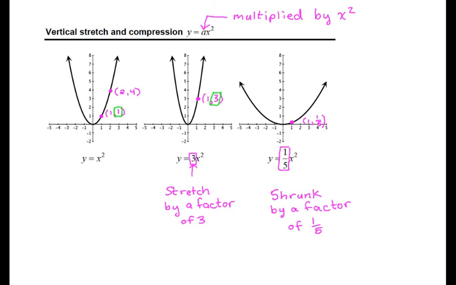And where we had the point 2, 4 on our original, we would have 2, 4/5. So again, I'm multiplying my y value by that shrink factor of 1/5.